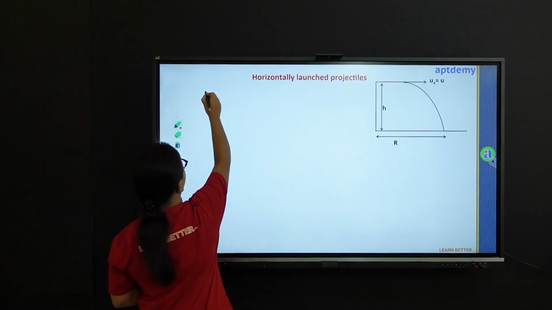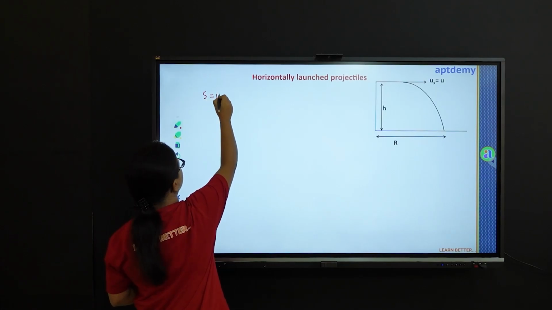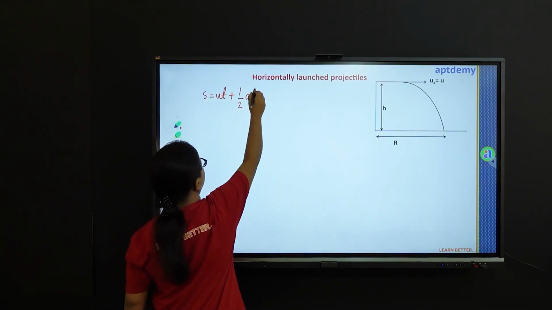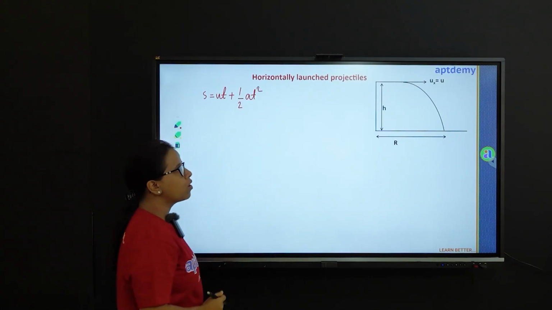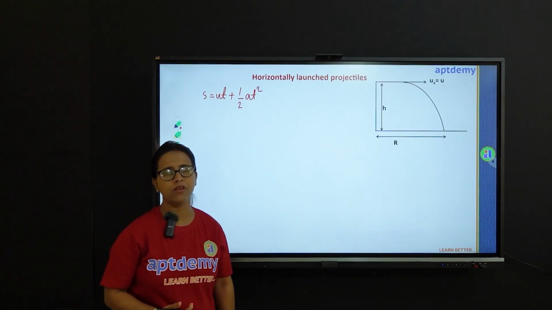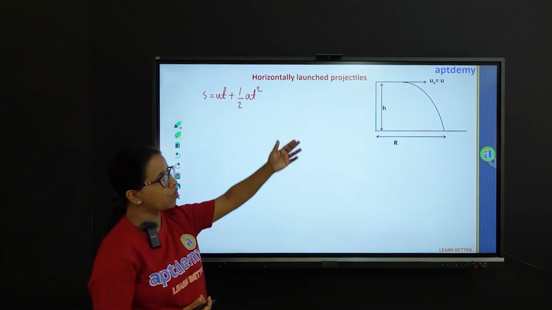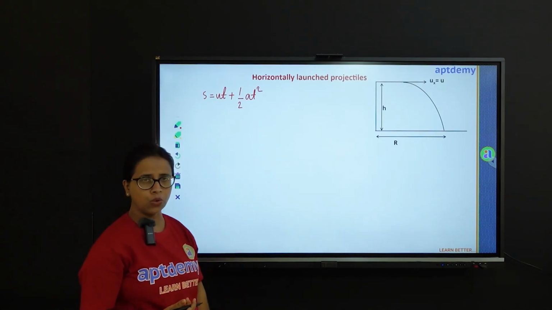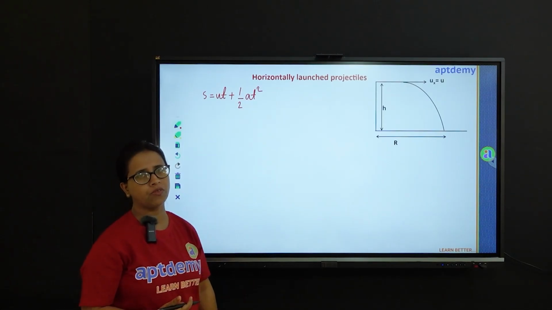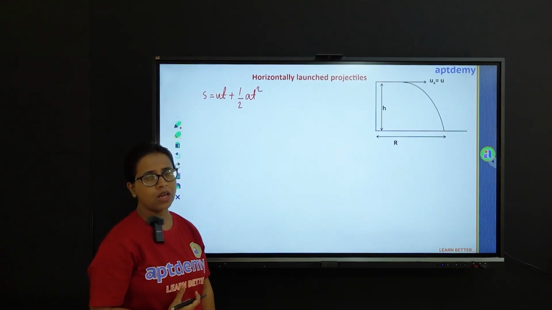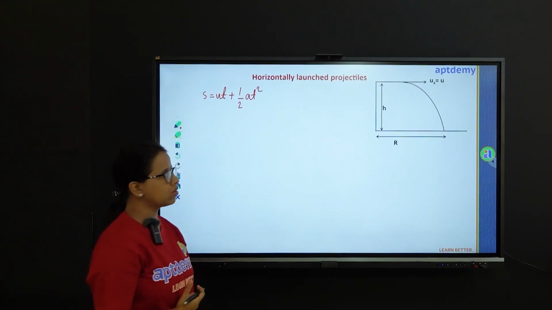We will use this particular equation, s equal to ut plus half at square. Now, the horizontal distance that the projectile covers is due to the influence of the horizontal component of the velocity. The initial velocity is u, the horizontal component of that velocity is ux, and this particular velocity has no vertical component.